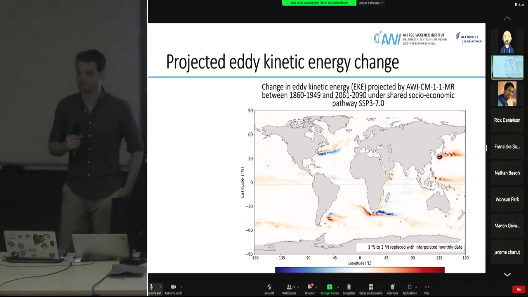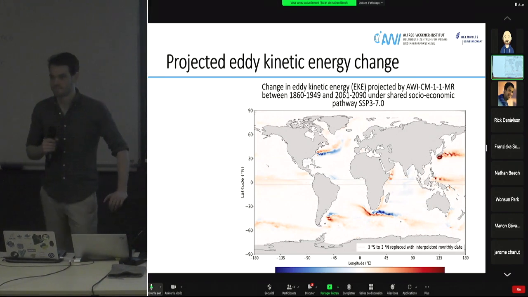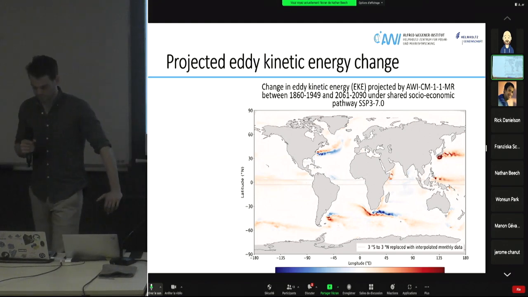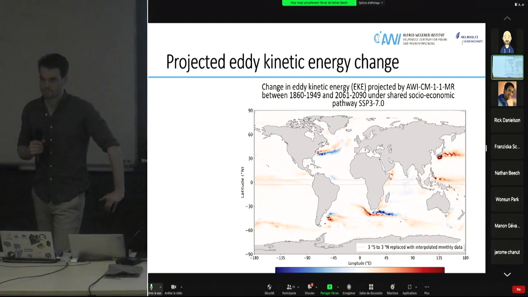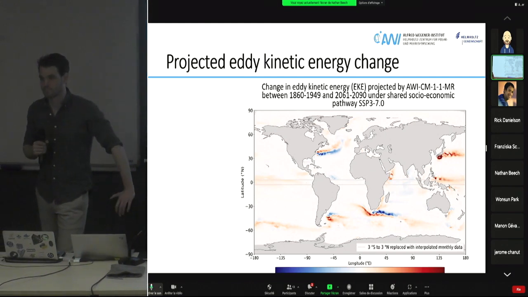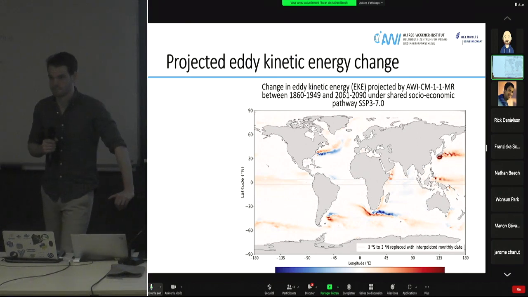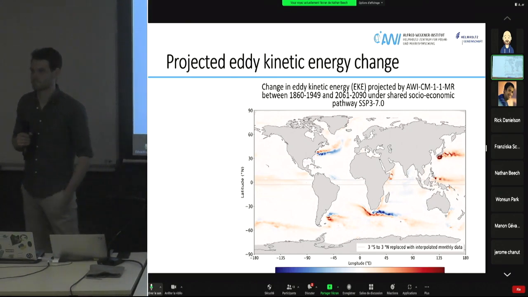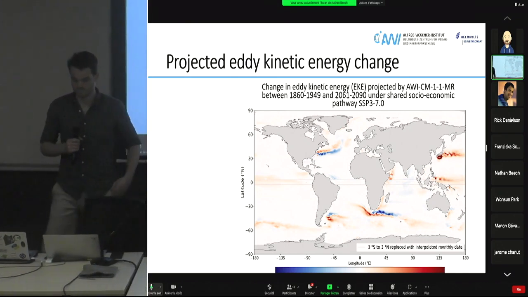I'm just curious about changes, say, in the Arctic. You don't see much of a signal there. Is that related to how the ice is changing in the model simulation? I would definitely have expected, as the ice retreats, more enhancement. And I know I've seen some of the other FESOM stuff that really has some very significant eddy kinetic energy, the West Spitsbergen current going in around Svalbard.